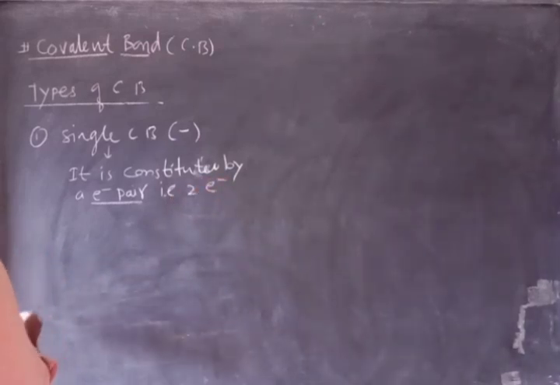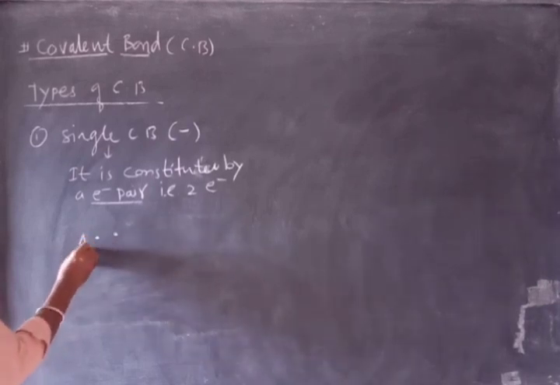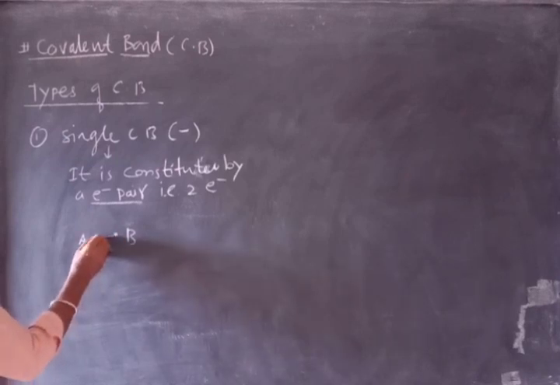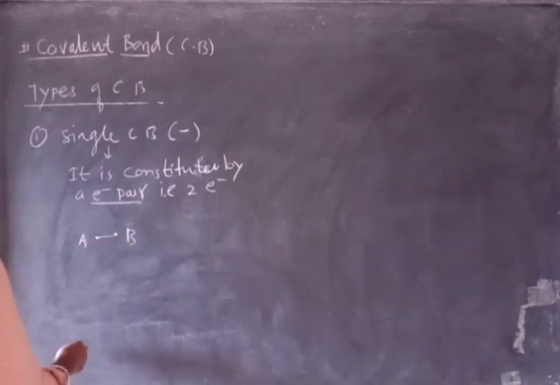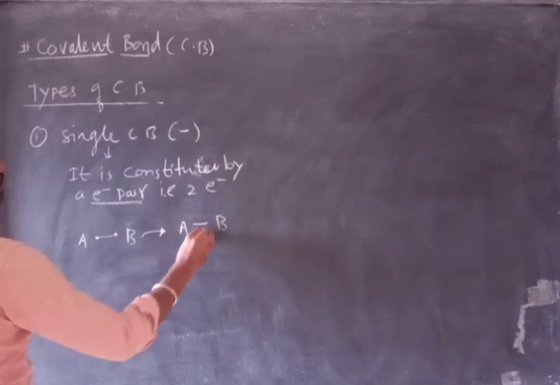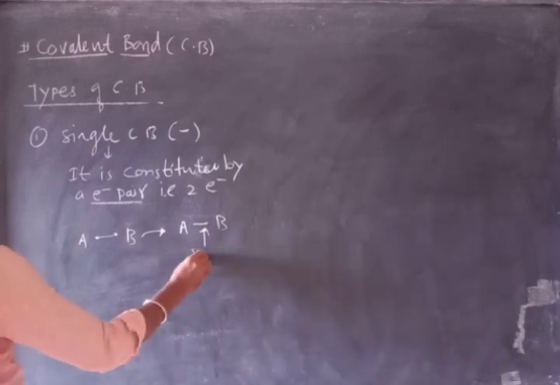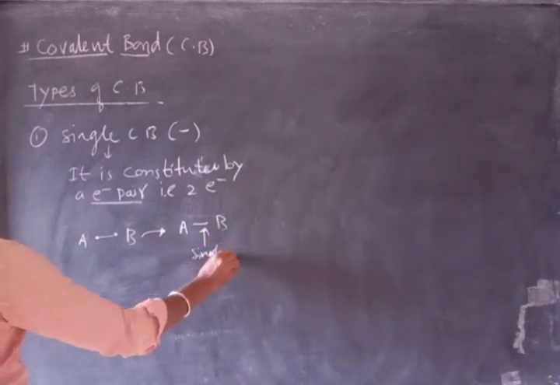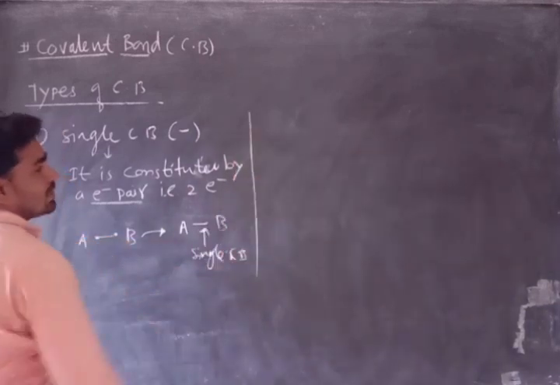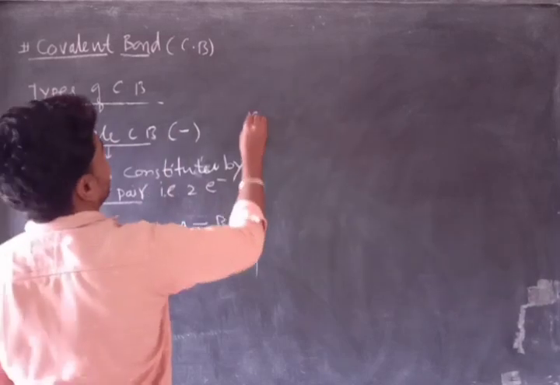How is that? Here this atom A and this atom B will each share one individual electron, and then they form a single bond between atoms A and B, forming a single covalent bond.